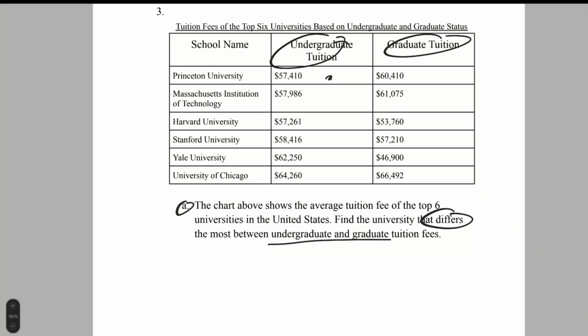So this will be around 3K. This will be around 3K as well. This will be around 4K, 1K, 6K, and 2K. So see here, we actually used an estimated difference instead of an exact number because it is just simply faster, right?